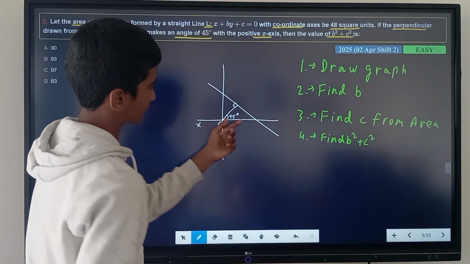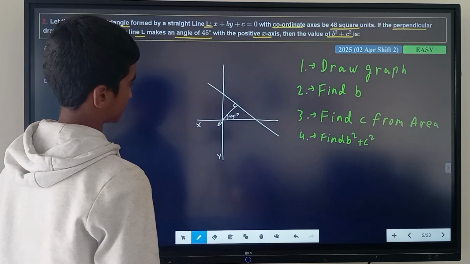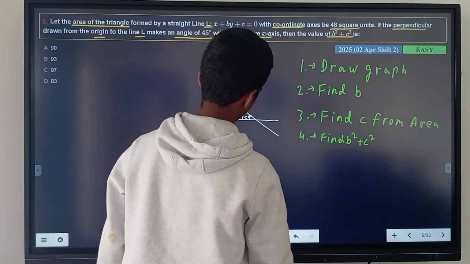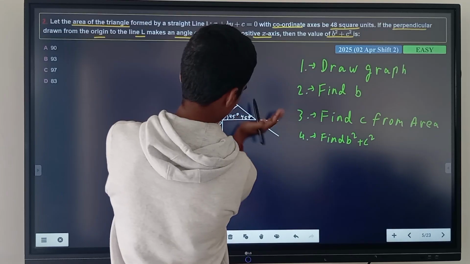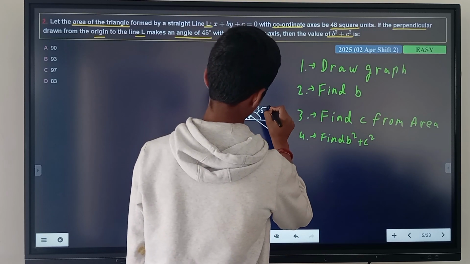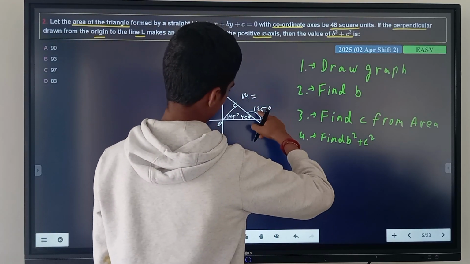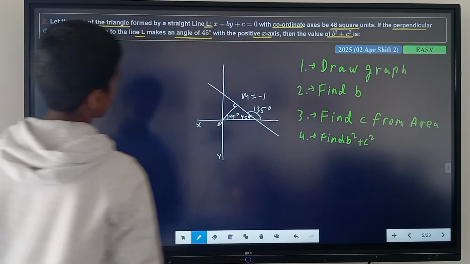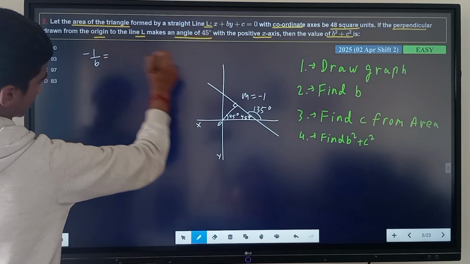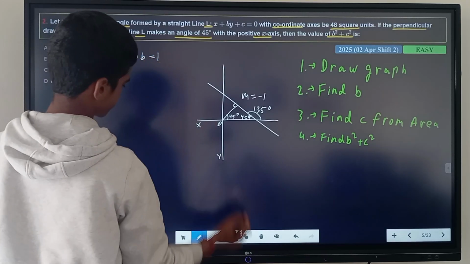Now this angle is 45 degree, this angle is 90 degree, and sum of all the angles in a triangle is 180 degree. From that, this remaining angle will be 45 degree. Now the whole line is 180 degree. This is 45, so this part will be 180 minus 45, 135 degree. Now from here we will get n is equal to tan of 135 degree, which is minus 1. Now slope for the line L will be minus 1 upon b, which is equal to the slope, which is minus 1. From here b is equal to 1.